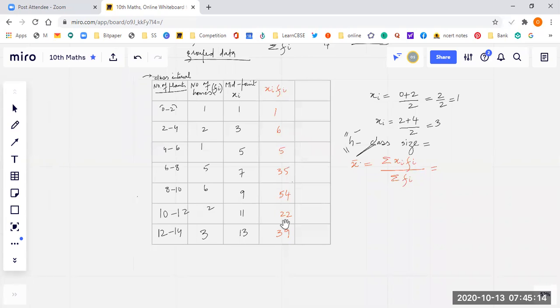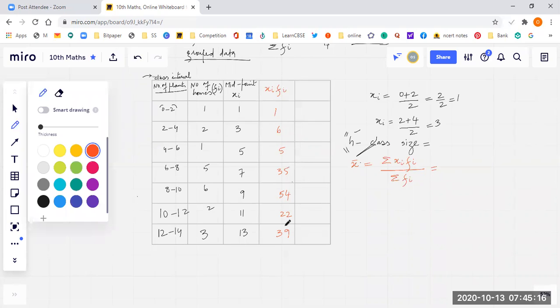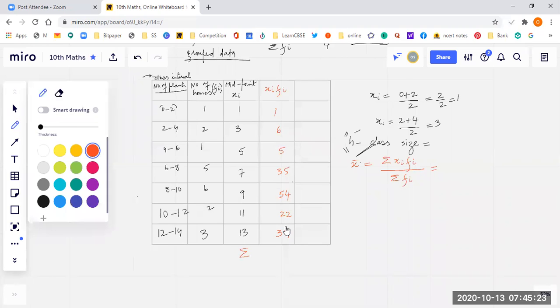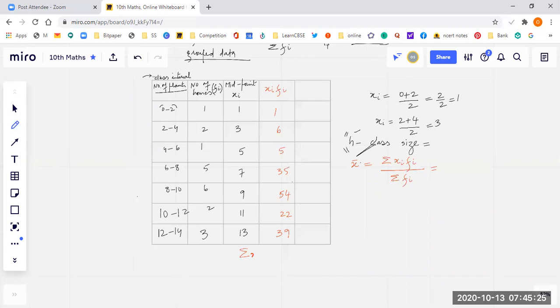I got Xi Fi, right? So here I want to calculate the summation Xi Fi. I'll simply add all, and when you add them, students, it is 162.